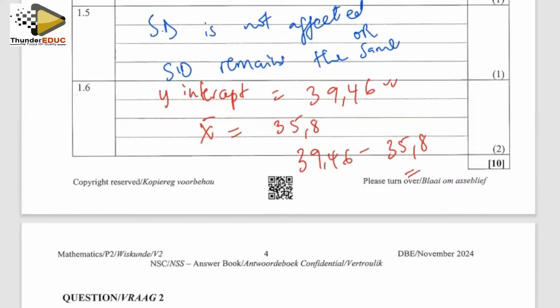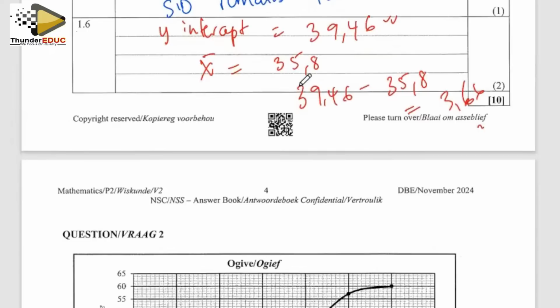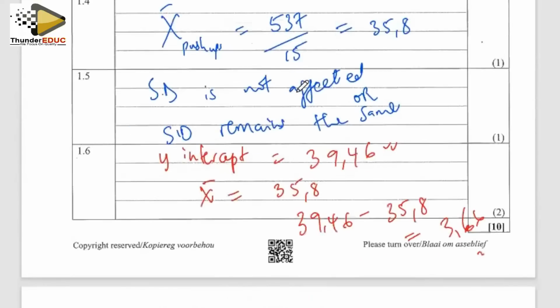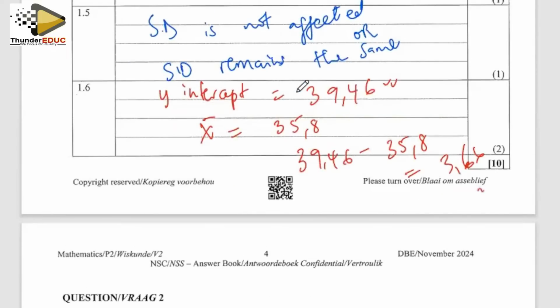That gives me around about 3,66, which is approximately 4 push-ups that must be added, or that will be the increase for them to get to the target from the mean or the average. All right, so that is what I would have done with question number 1.